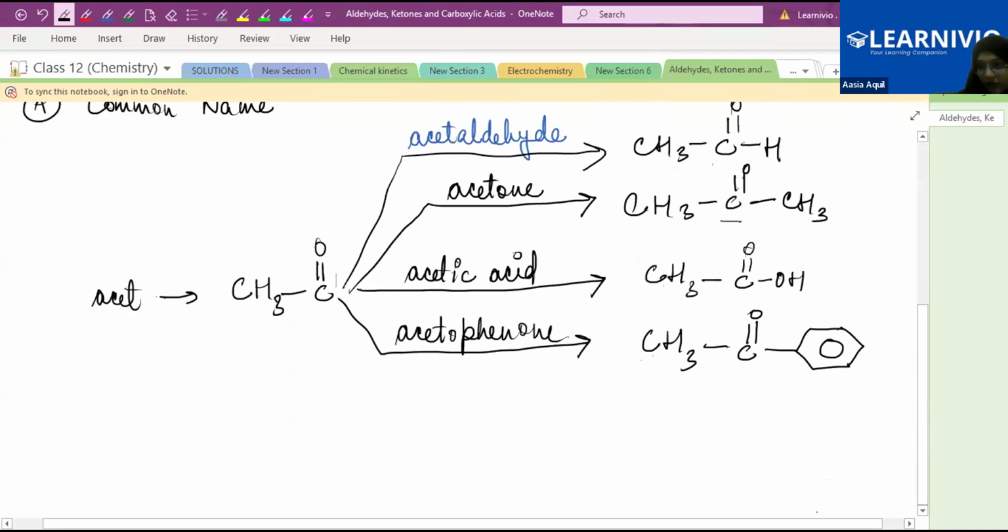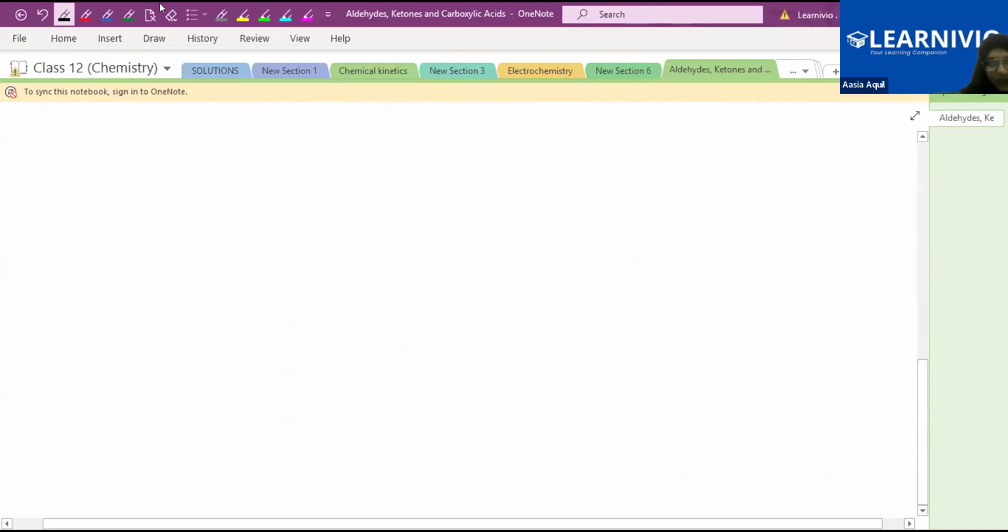Now, suppose we have another group, the HCO group, and here there are bonds to an alkyl group or any other group. This HCO, we are talking about something other than an aldehyde.